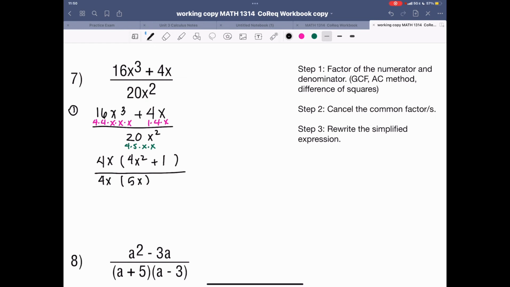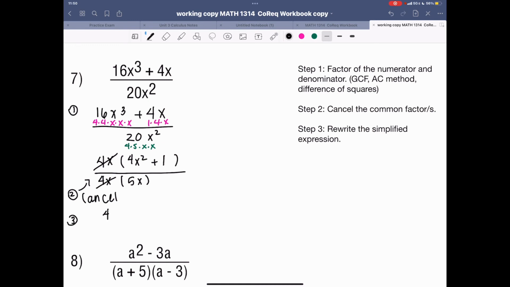So that's step 1. Step 2 says to cancel out the common factors. Canceling out the common factors is going to be 4x. That goes away and that goes away. And then step 3, we're going to rewrite the simplified expression.